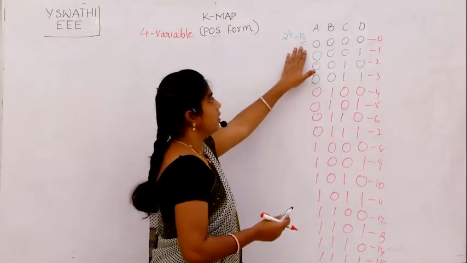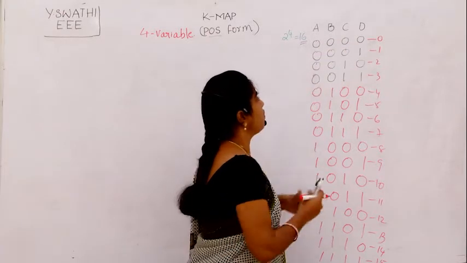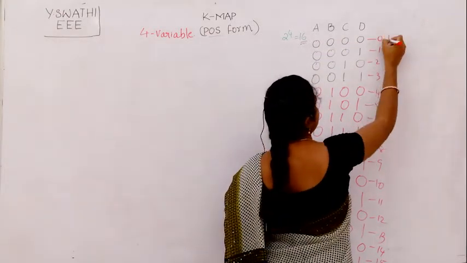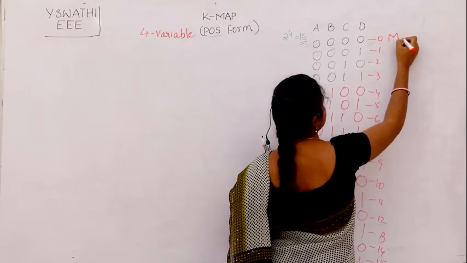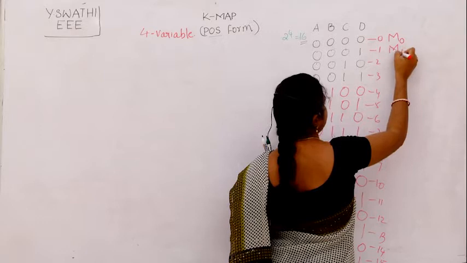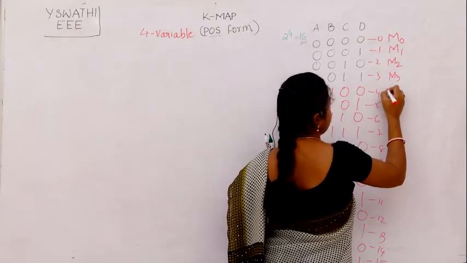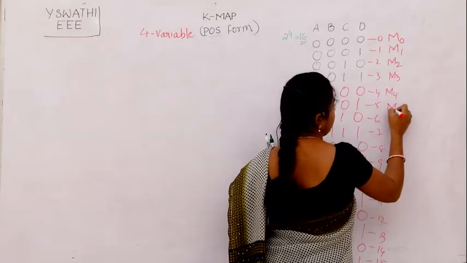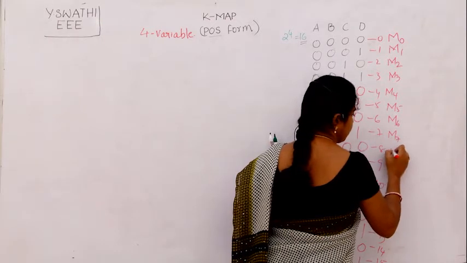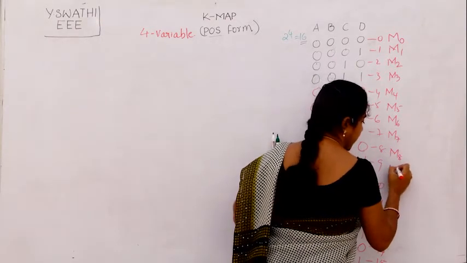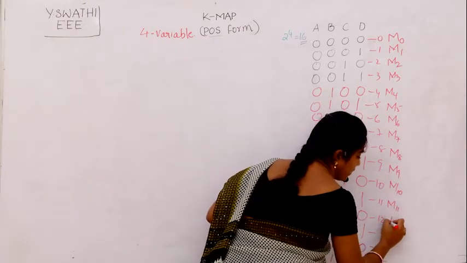This is the decimal representation of this binary form, and these are the corresponding max terms in piecewise form: M0, M1, M2, up to M15.